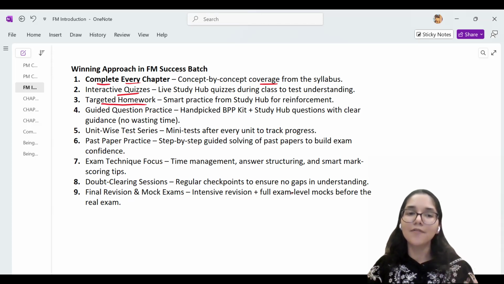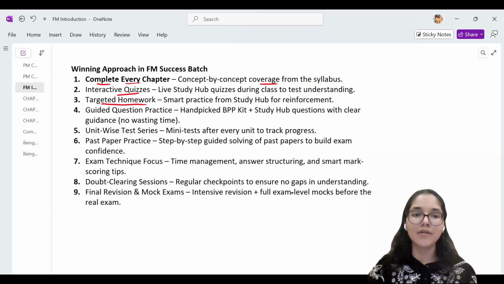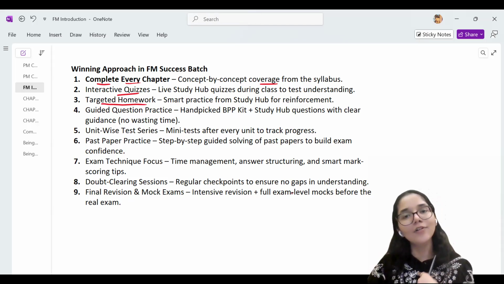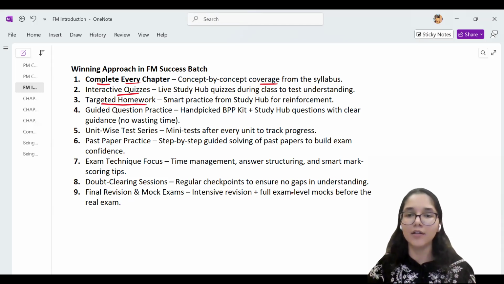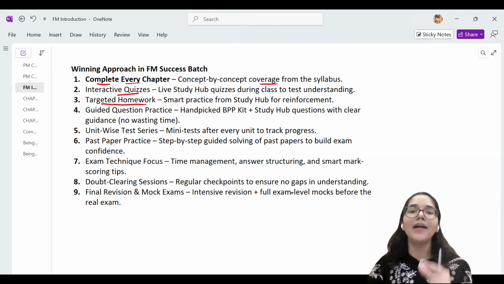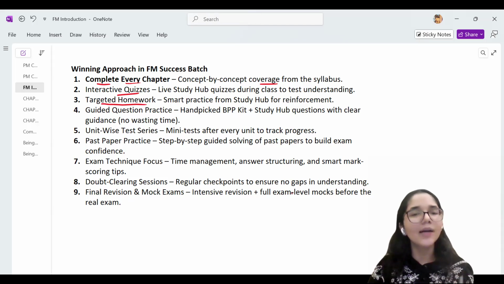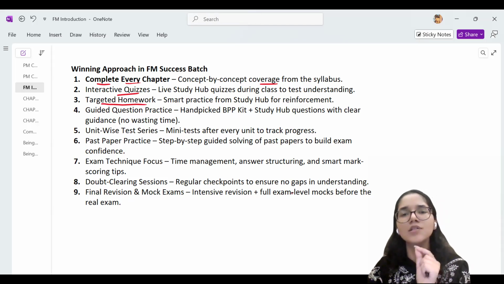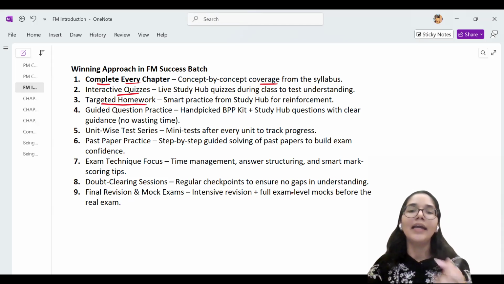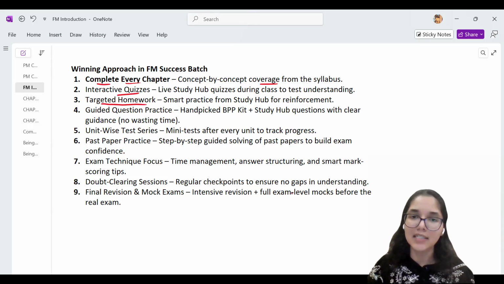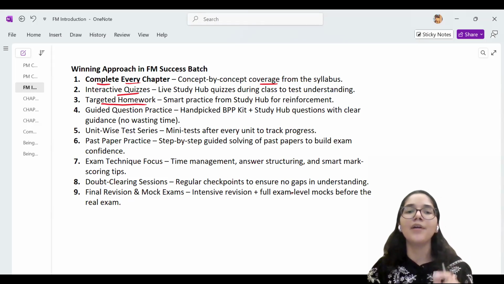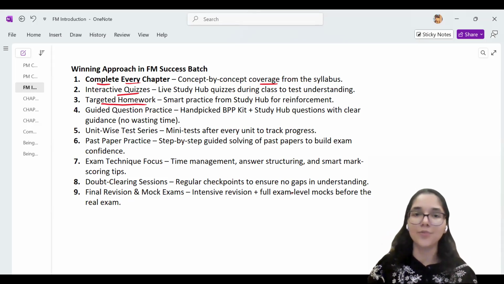So once we are done with the chapter and we solve the quiz together, your homework, without even me saying, automatically becomes to practice the question bank for that particular chapter on your own and bring in any queries, be it the smallest of the queries that you have, either in the next class or via the WhatsApp group or message me personally over WhatsApp, and I will be resolving each and every query that you have.